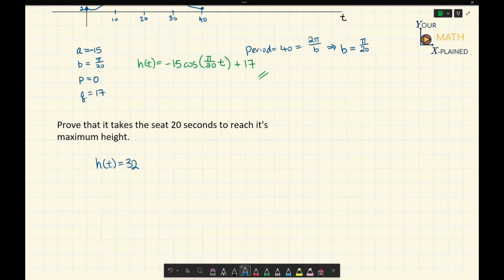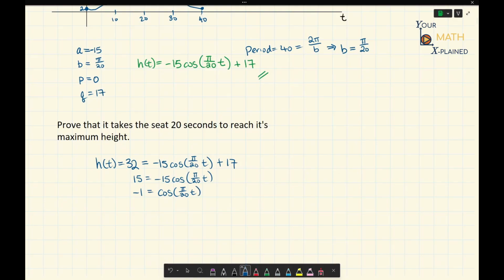So we're going to set 32 equal to our function, which is negative 15 cosine of pi over 20 t plus 17. And then we're going to go ahead and solve for t. So subtracting 17 from both sides will give us 15 is equal to negative 15 times cosine of pi over 20 times t. Dividing both sides by negative 15 gives us negative 1 is equal to cosine of pi over 20 times t.